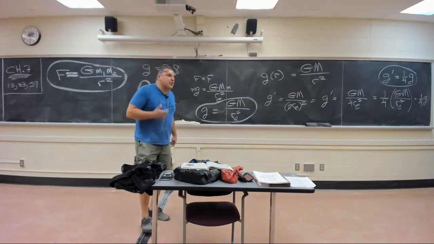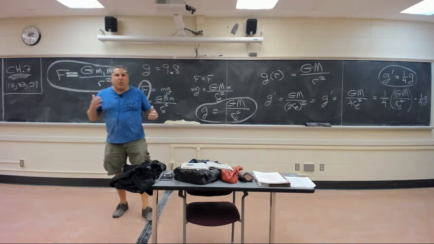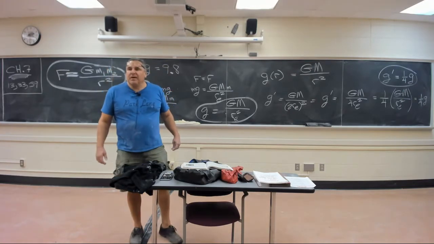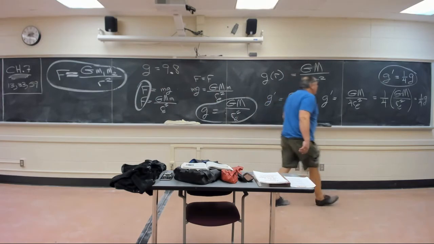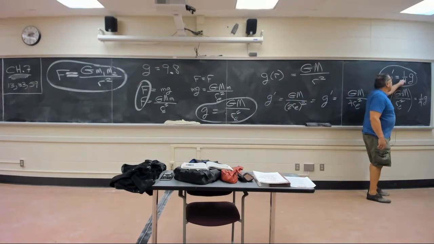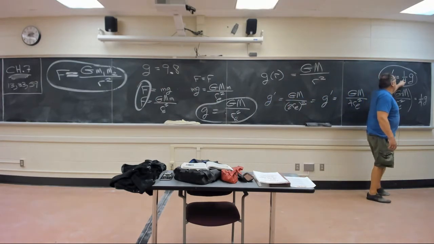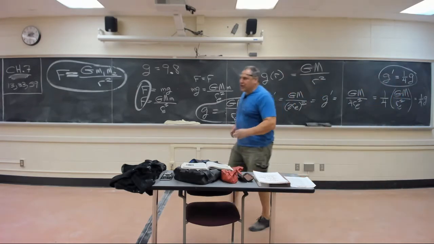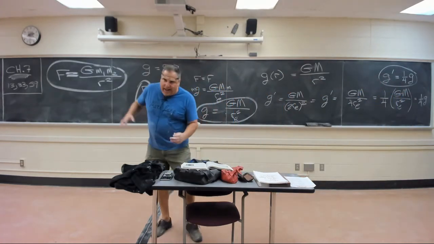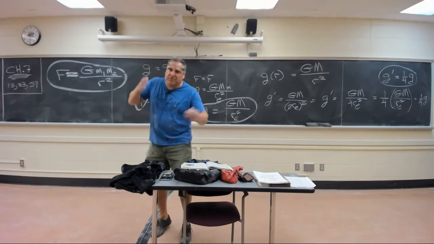My acceleration due to gravity would be about 2.45 meters per second squared. I would be 1/4 the weight up there. My mass would be the same, but I'd have 1/4 the weight, and I would have 1/4 the acceleration. If I jumped off a ledge up there, somehow, hey, let me just jump off this thing.